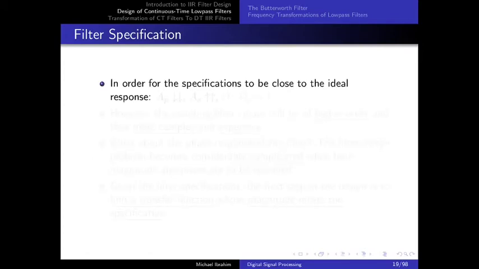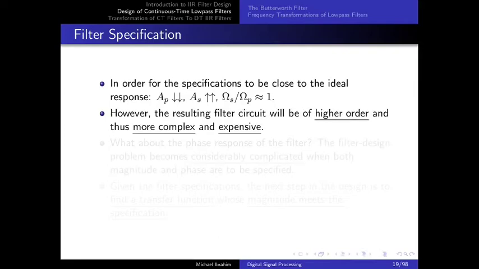For this specification to be as close as possible to the ideal response, we need to reduce the ripples in the passband, increase the stop band attenuation, and make the selectivity factor omega s over omega p approximately 1. However, if we try to achieve this, we'll get closer and closer to an ideal filter, which will be of very high order. It will be a complex and expensive circuit, and will have its own problems.